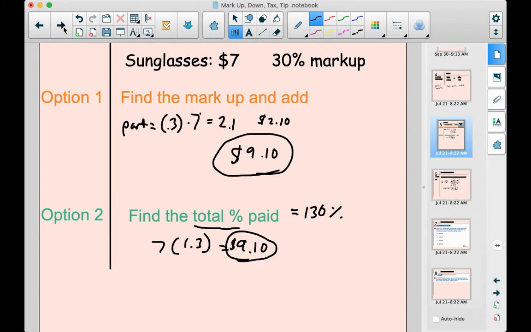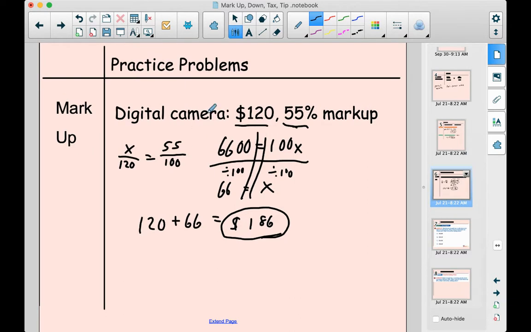Let's see how that works with the camera. So for the digital camera, it got marked up by 55%. That means I'm paying 100% of what I paid plus an additional 55%. So total, I'm going to pay 155%. I did this one with the percent equation or proportion, so let's do it for the second option as well.